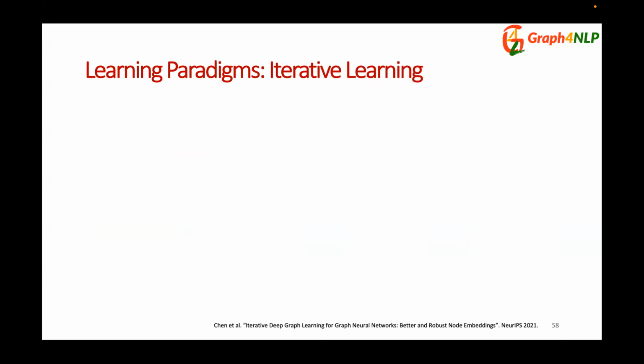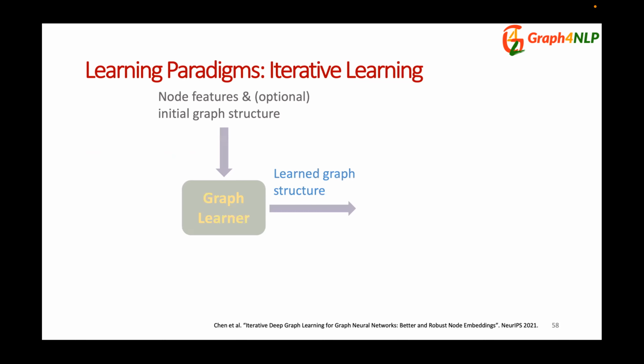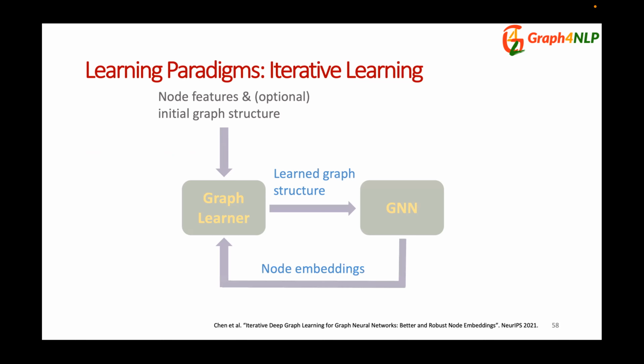Let's talk about another learning paradigm for dynamic graph construction, which we call the iterative learning paradigm. Unlike the above two paradigms, recent work proposed an iterative graph learning framework by learning a better graph structure based on better graph representations, and in the meantime, learning better graph representations based on a better learned graph structure in an iterative manner.